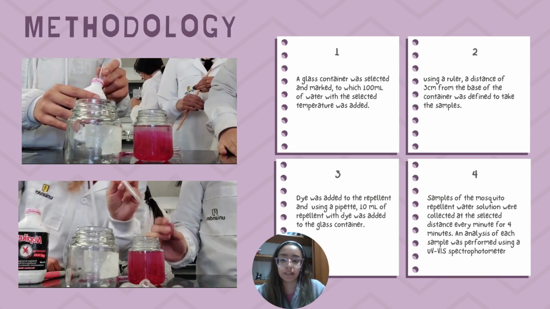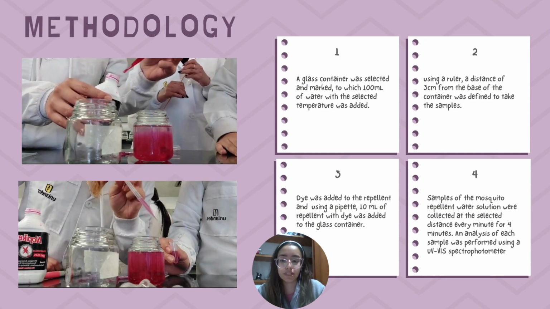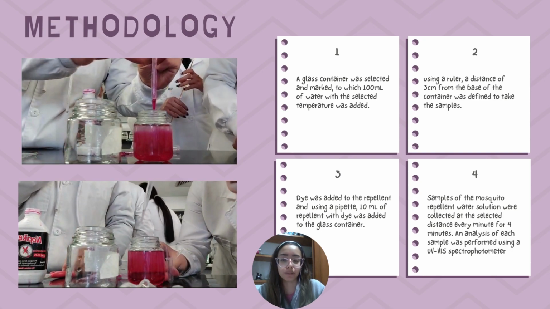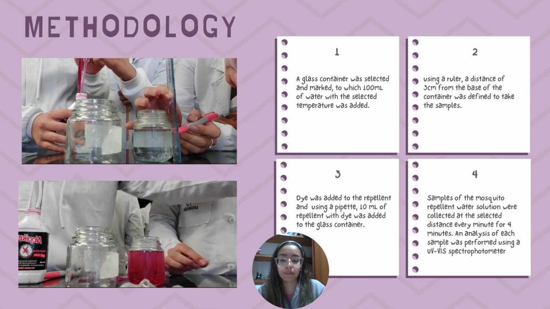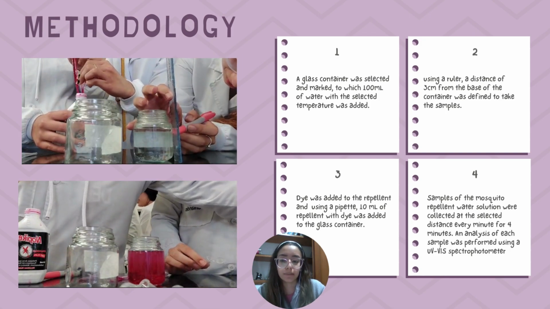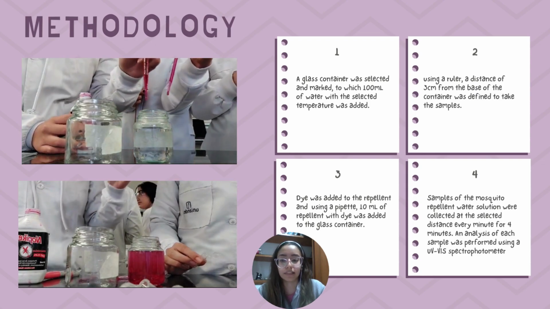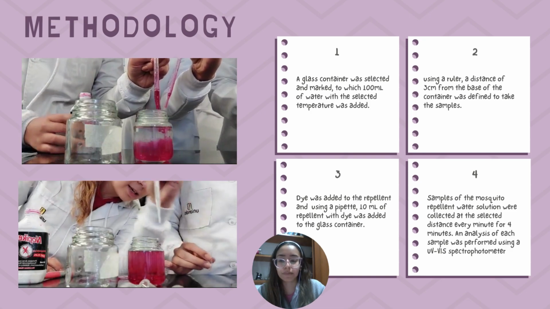Next, dye was added to the repellent. Continuing the process, using a pipette, 10 milliliters of repellent with dye was added to the glass container. Afterward, samples of the mosquito repellent water solution were collected at the selected distance every minute for 4 minutes.